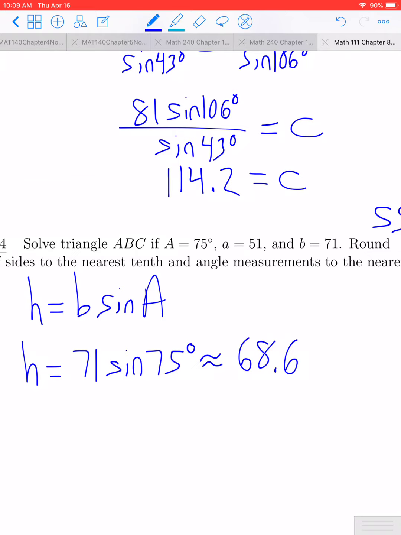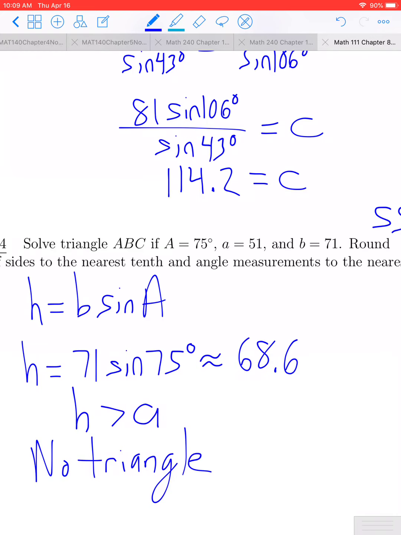If we compare h to side a, one of the things that we see is that h is bigger than a. And what that means is it's going to be impossible to form a triangle with the given information. Side a would not be long enough in order to connect to another side to make a proper triangle. So there's going to be no triangle for this one with the given information. Or if you want to, you can put good old school no solution.